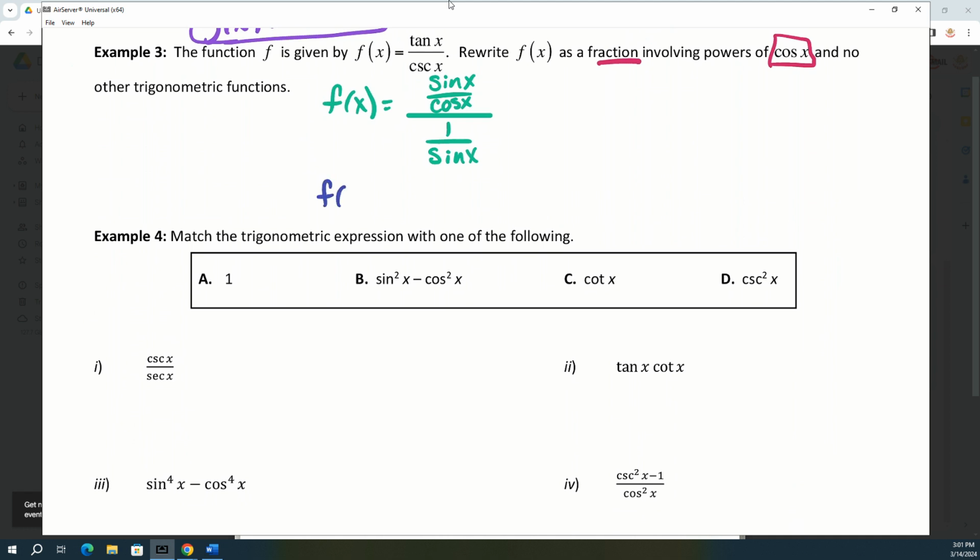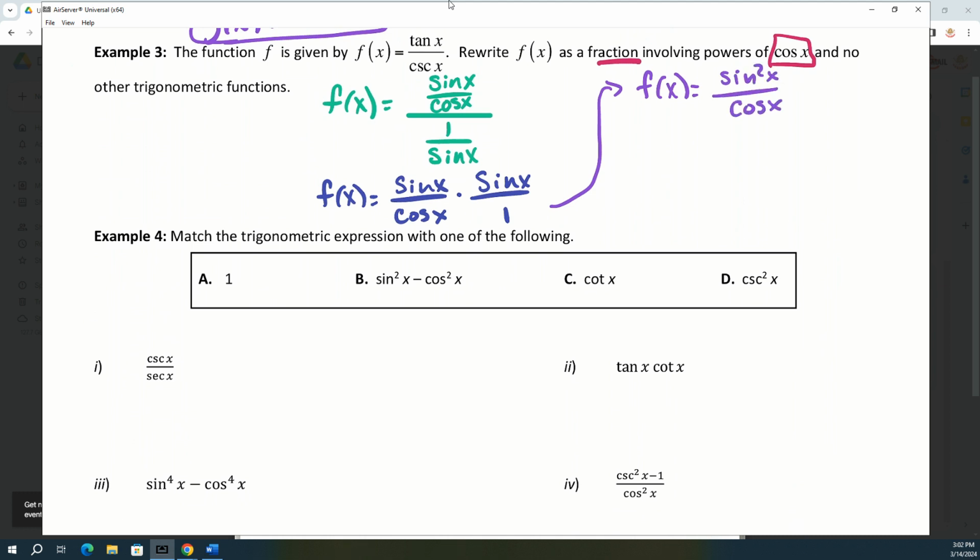All right, and then just like I've done on previous examples, I'm going to take the numerator just like it is and multiply by the reciprocal of the denominator. Okay, and I'm going to multiply across the numerator and across the denominator.